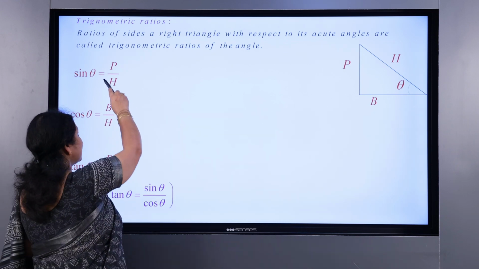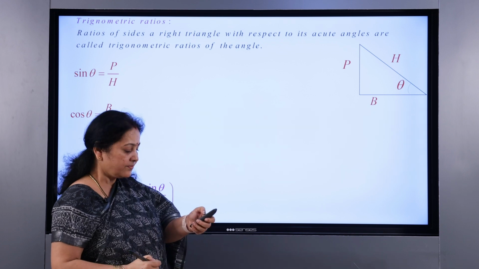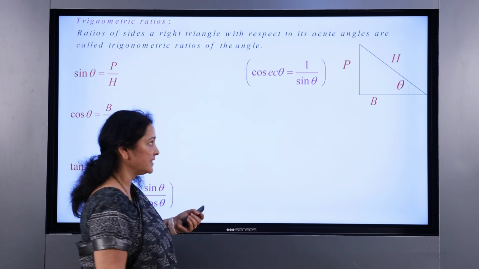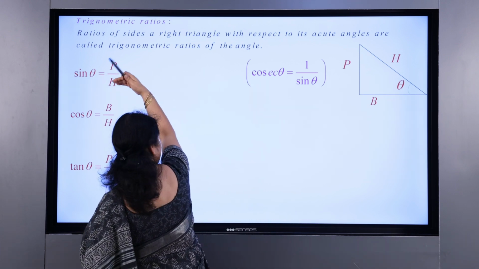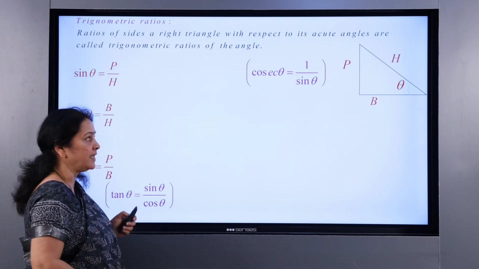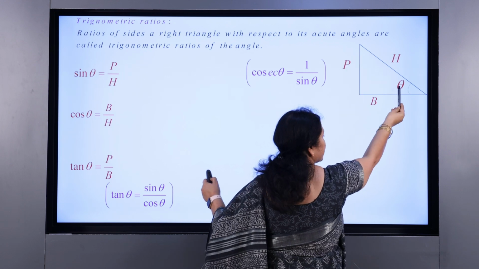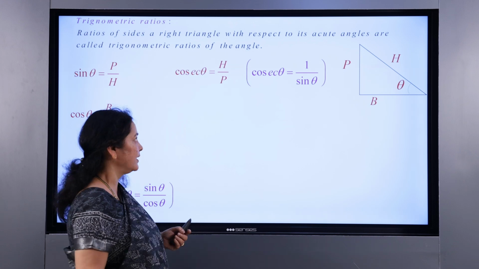Now the reciprocal of sine theta is called cosecant theta, and we write it as cosecant theta equals 1 by sine theta. So cosecant theta is just the reciprocal of this, h by p, that is the hypotenuse by the perpendicular.